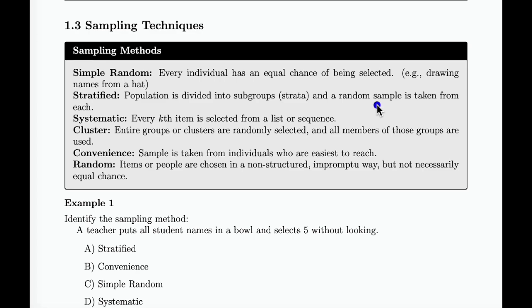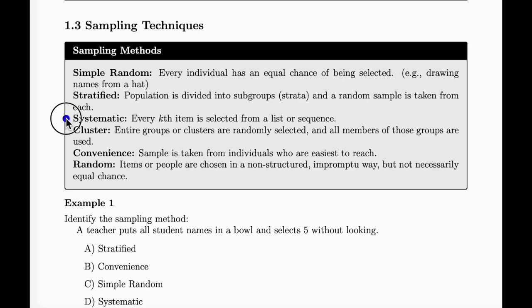So I would split the population up into two groups, males and females, and then maybe I take 50 from each group. So the strata would be the groups, the females and the males. So stratified is when you break the population into groups and then pick random samples from each group.